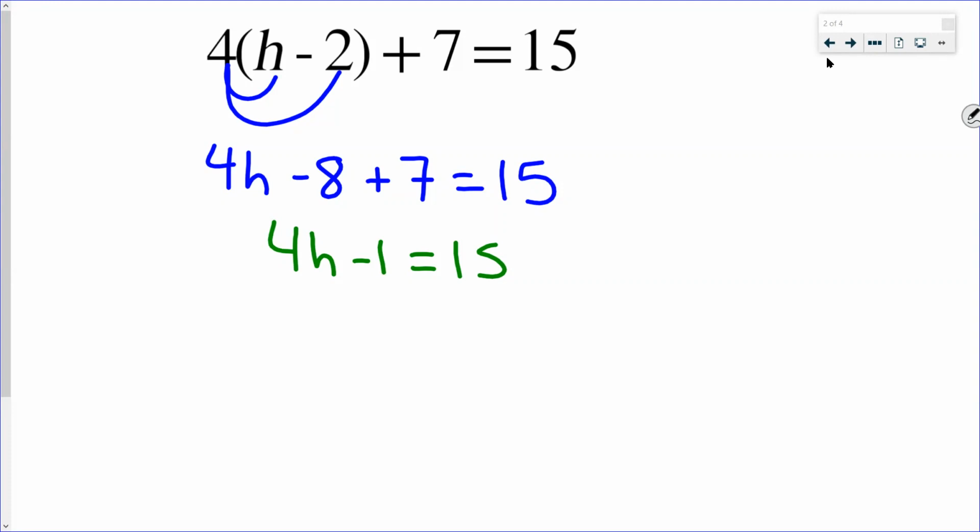We got 4h minus 1 equals 15. How would I finish solving this? You minus the 1 from the 4. Wait, what? Oh, Zach's a little confused. Cohen, can you save Zach?